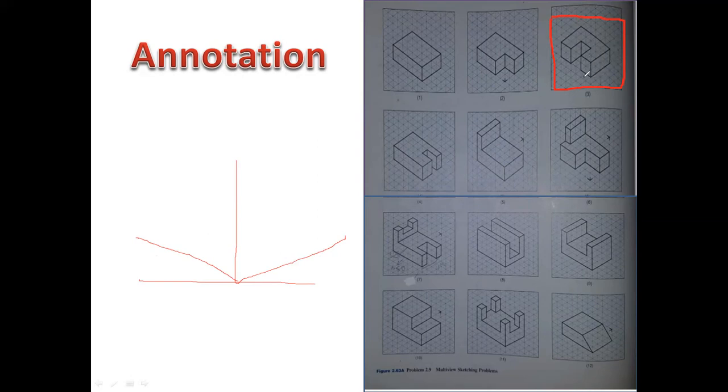And the height seems to be about half the distance of the length also. So if I choose here as my width, it means my length should be about here. Now my height is about half the distance of my length. It means therefore the height should fall somewhere here.